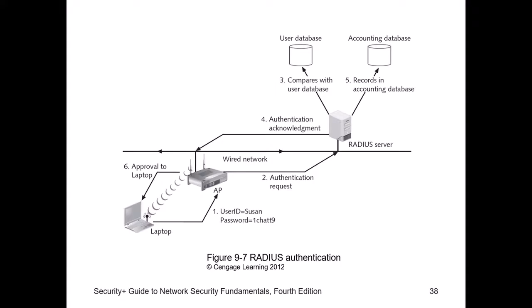All right. So when a laptop wants to authenticate, your authentication is sent to the RADIUS server. By the way, the access port will not let you in, remember the 802.1X.